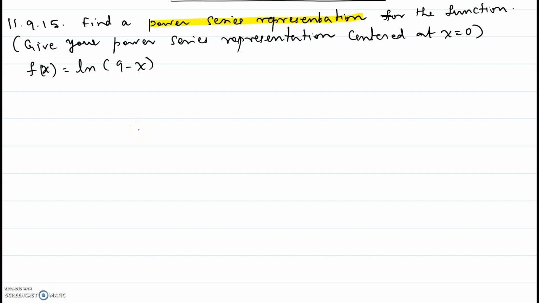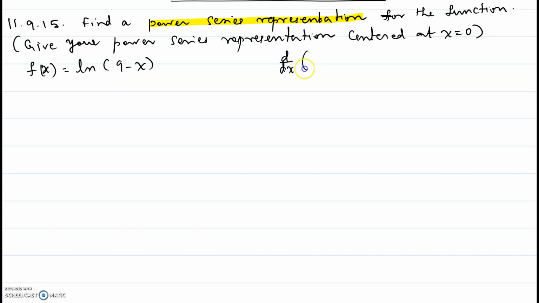The interval of convergence might differ, but the radius of convergence will be the same. So now we will just check the ideas behind this.